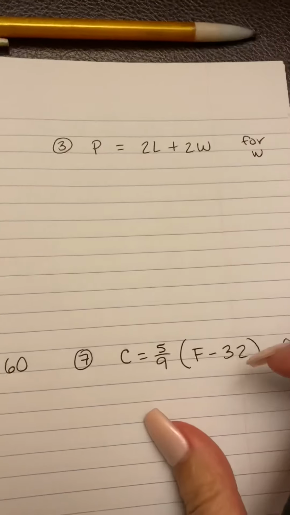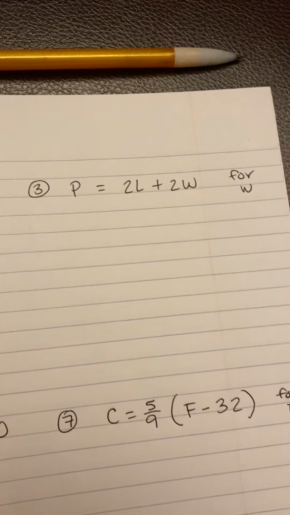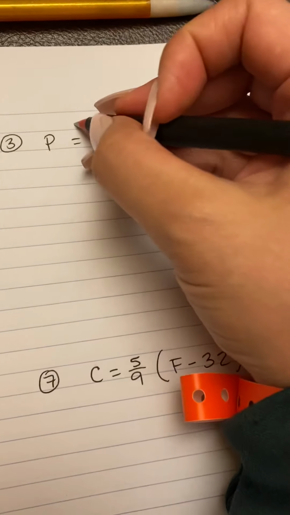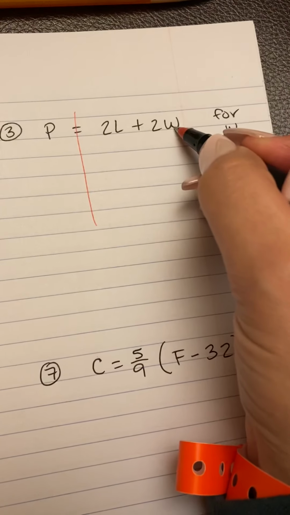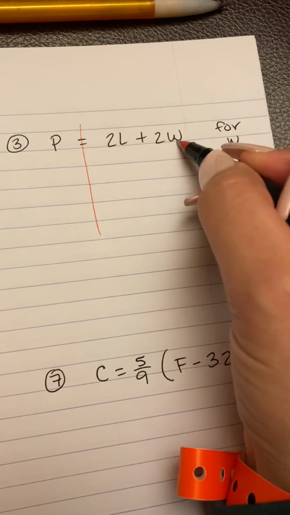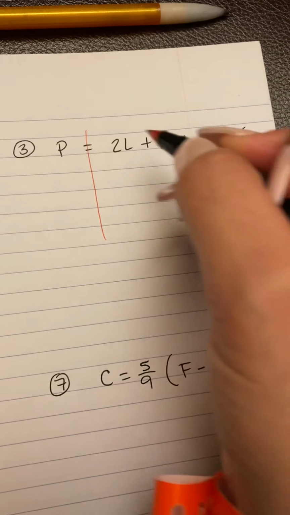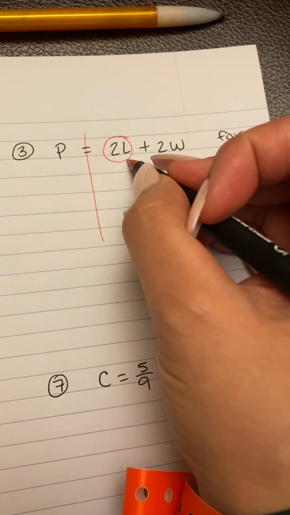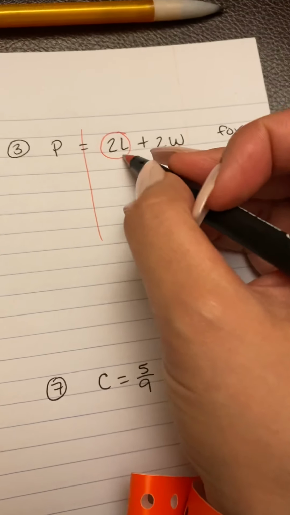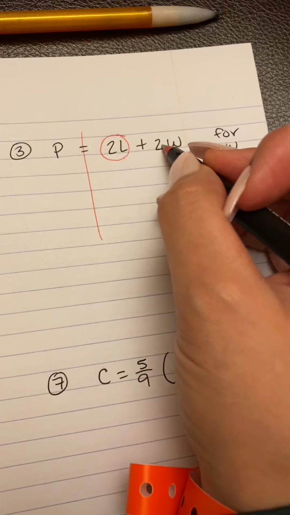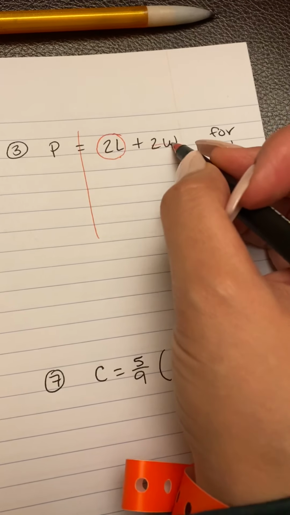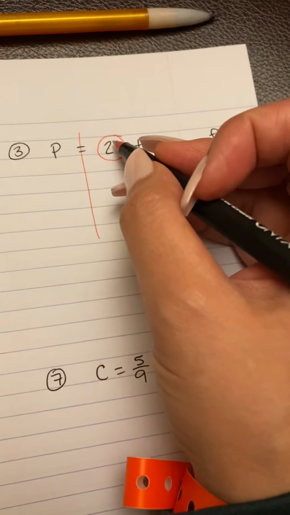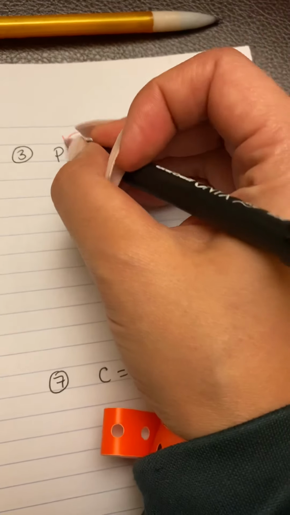Okay, number 3 is asking solve for w. So I want the w by itself. The w is being multiplied by 2, and they added 2l. So I need to get rid of the 2l first. You always have to get rid of the one that's the furthest away from it. So these two are together, they're multiplying, but then this one is adding. So get rid of this one first, move it to the other side.